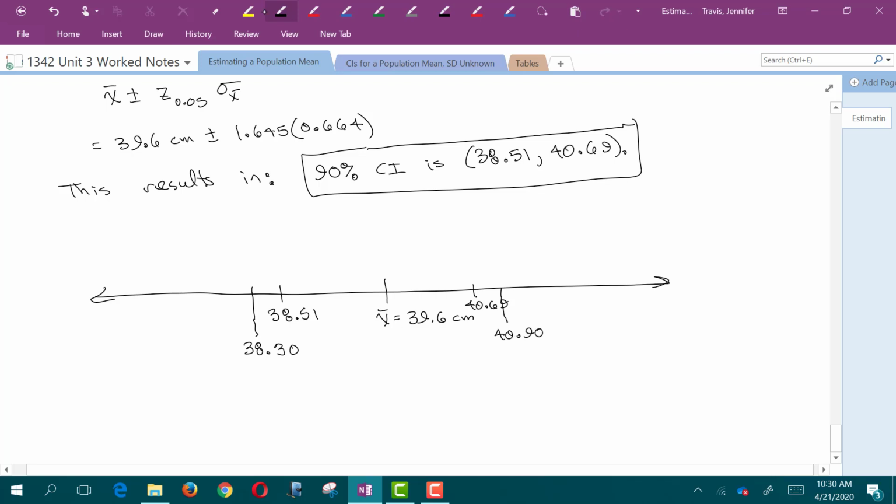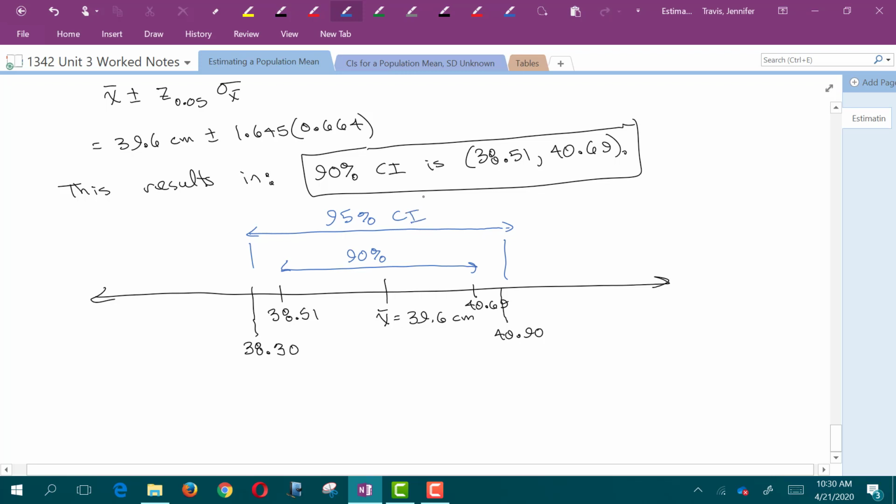So basically, this, let me mark it above, this right here is my 90% confidence interval. And so then where is my 95% confidence interval? It is further out, right?